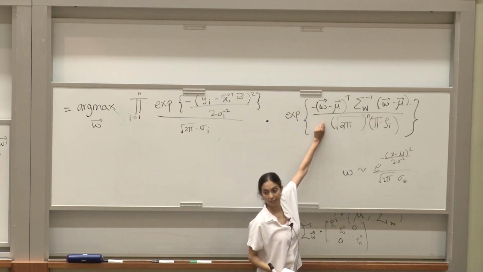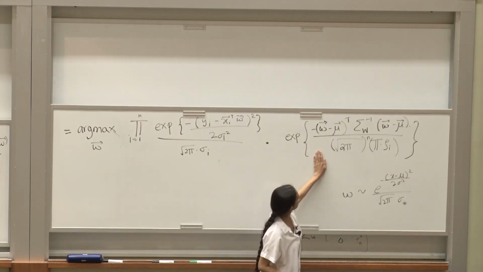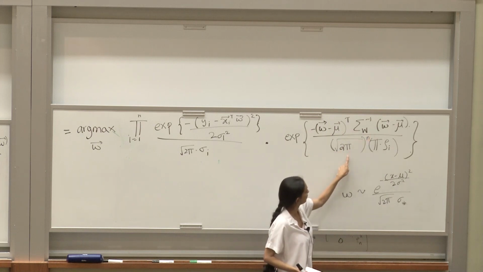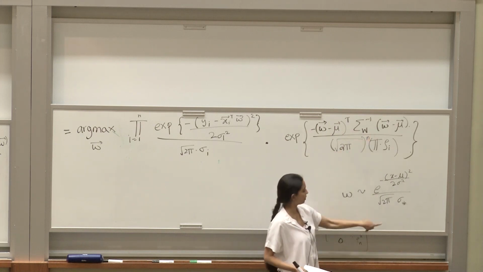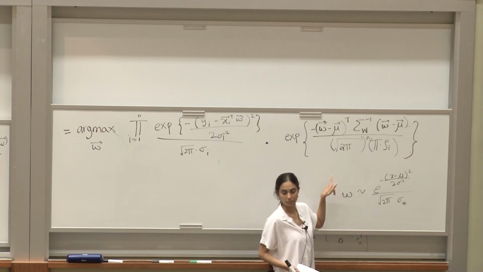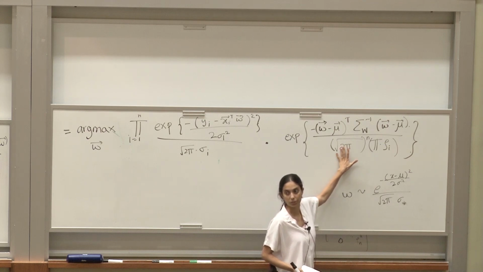This is the multivariate generalization. Everyone see this? So I have the inverse of the covariance. This is a quadratic term. And I'm dividing by the fact that there's n of them. It's basically the multivariate normal formulation.